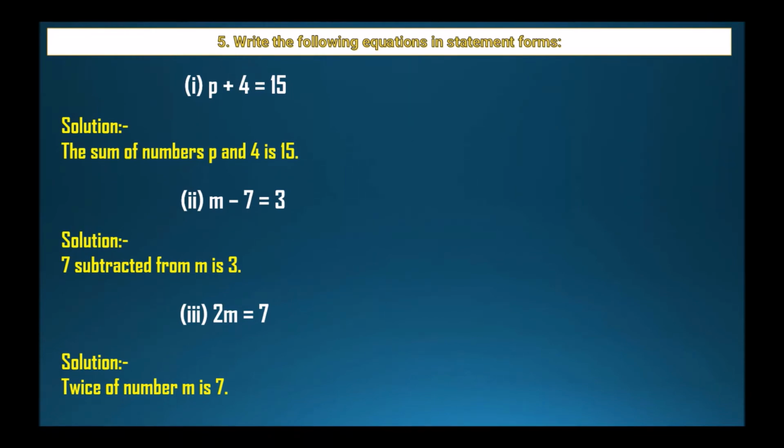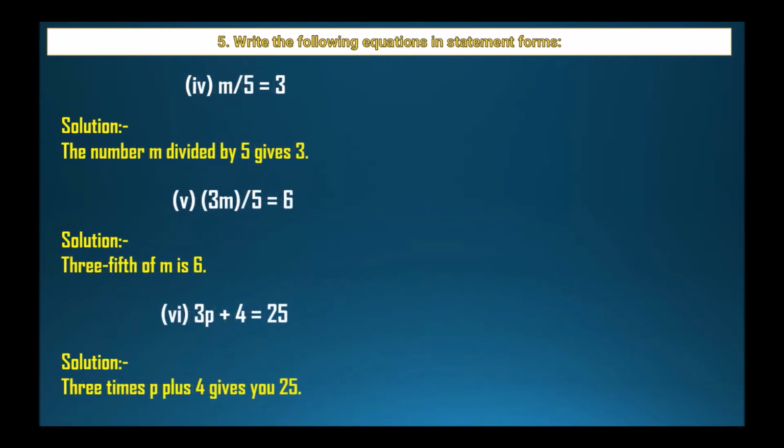The number m divided by 5 gives 3. 3m upon 5 equals 6. 3/5 of m is 6. 3p plus 4 equals 25. 3 times p plus 4 gives you 25.